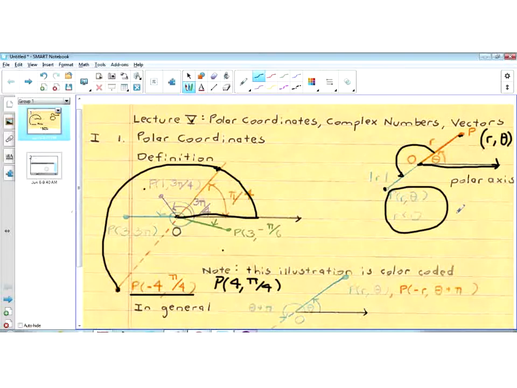Theta, I should stipulate, is greater than 0 in this illustration, because we rotate counterclockwise. Anytime you do a counterclockwise rotation, theta is greater than 0.